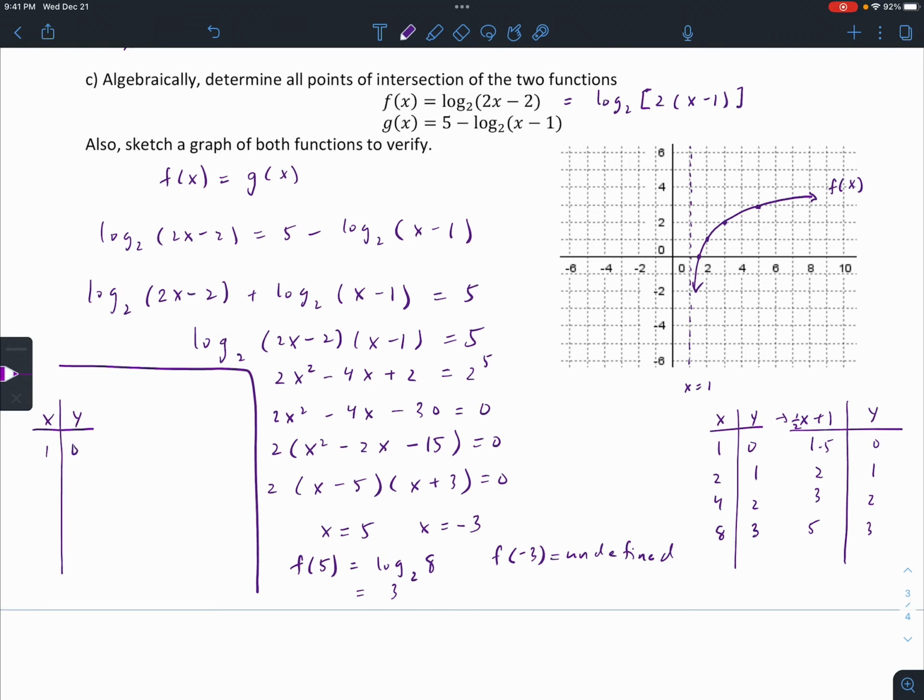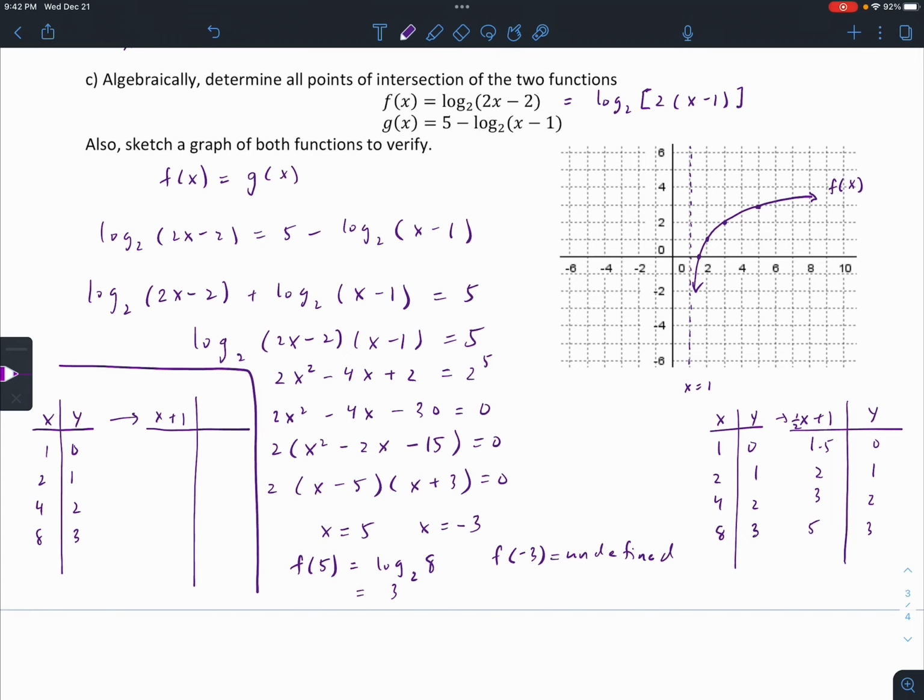We could use 1 and 0, 2 and 1, 4 and 2, 8 and 3. And then in terms of our mapping rule, translated 1 to the right. So same asymptote actually. So x plus 1.